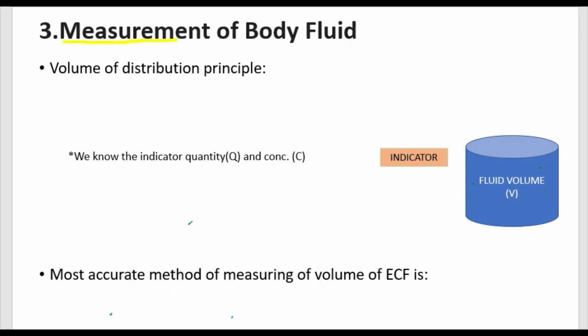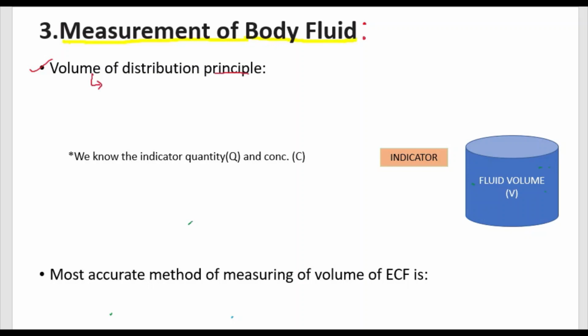The topic is the measurement of body fluid. In this, we're going to learn how we can measure the water or fluid in different compartments. So there is a basic principle, which is the volume of distribution principle.